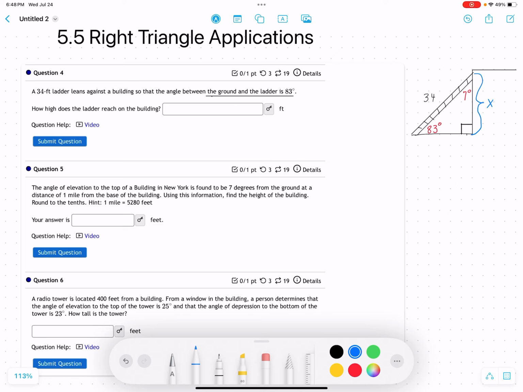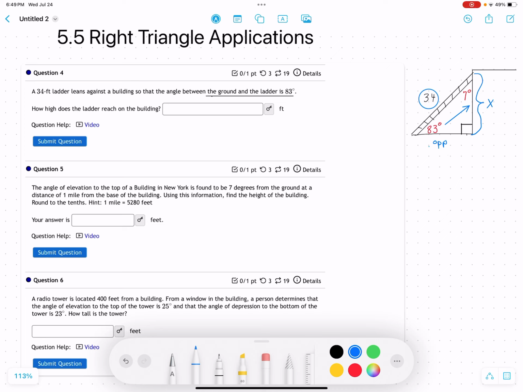So let's talk about this. I'm going to use the 83 degrees because that's what was given in the problem. And if I do, then this guy over here that I want is the opposite side, right? That's opposite. And the other piece that I have is the hypotenuse, 34, opposite the right angle.